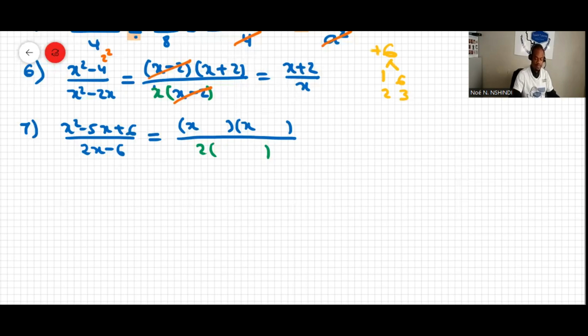To get negative 5, this is possible only if we have a negative 2 and a negative 3. I agree with you if you say positive 1 and minus 6, yes, positive 1 minus 6 makes negative 5, but positive 1 times negative 6 doesn't make positive 6, it's negative 6. So it cannot be 1 and 6, but it can be 2 and 3.